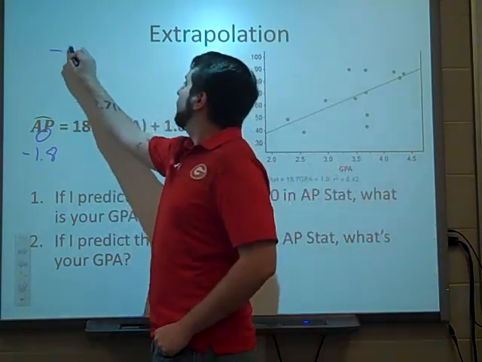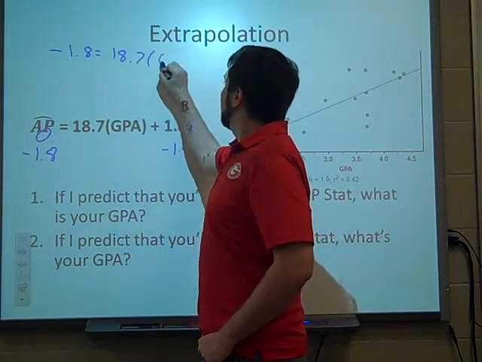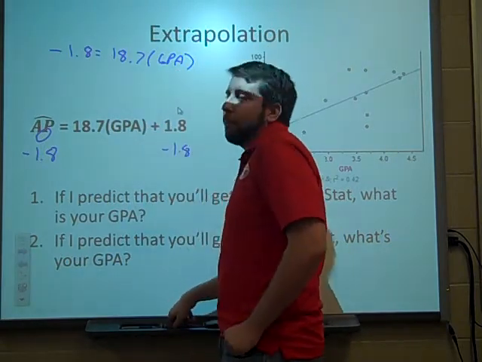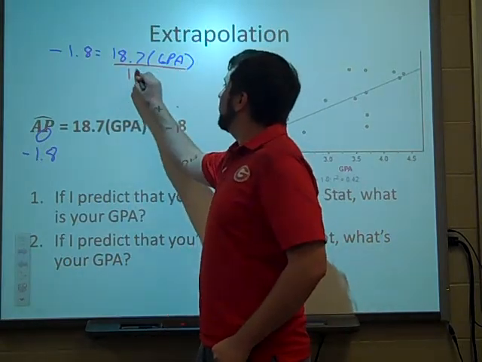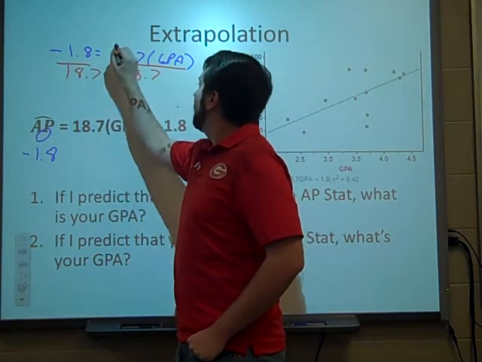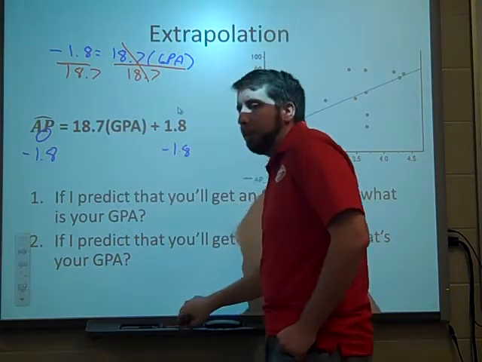I'll put this up here. And then divide away the 18.7. Honestly, it's not too hard. 7 cancels. So your GPA is negative 1.8 over 18.7.